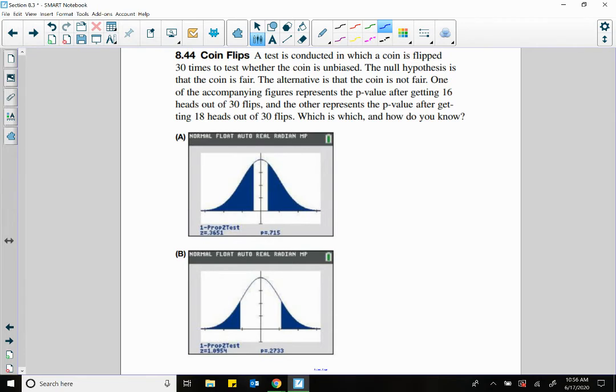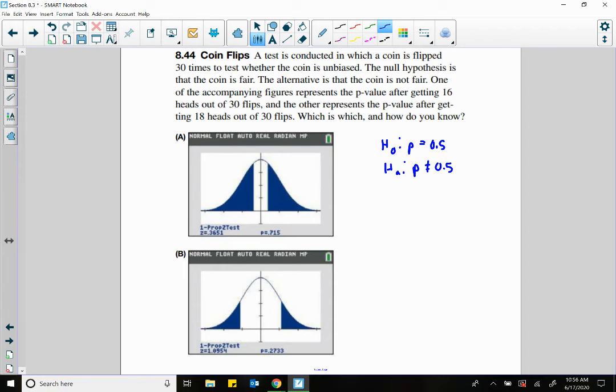The null hypothesis is that the coin is fair. The alternative hypothesis is that the coin is not fair. So if we're thinking about the null hypothesis, that means P is equal to 0.5 because there's only two sides. The alternative hypothesis, when they said is not fair, would be P not equal to 0.5.